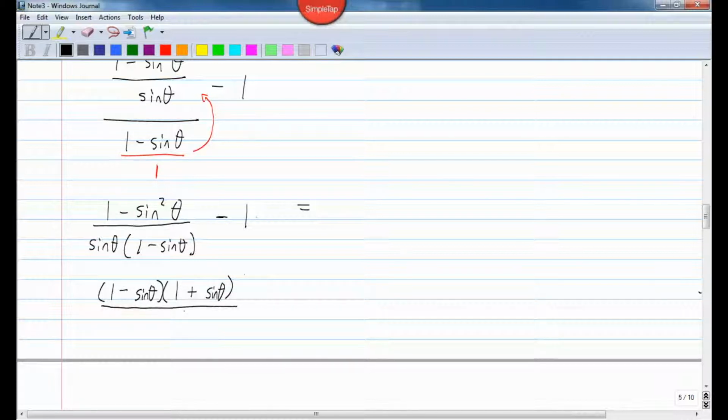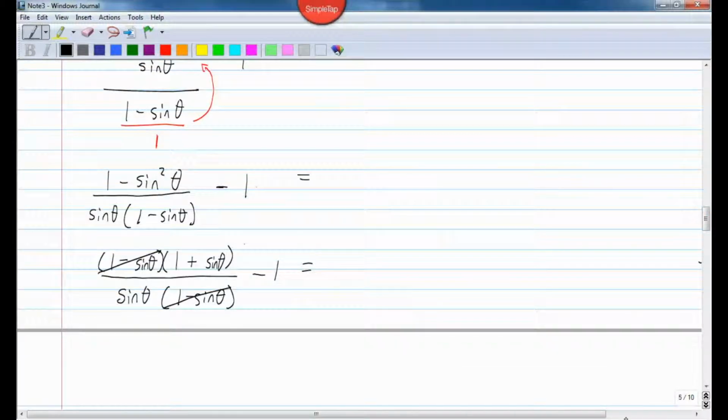And so that part factors. And so then what happens? If you have a product in the numerator and a product in the denominator, the 1 minus sine thetas cancel out. And so we're left with 1 plus sine theta over sine theta minus 1.